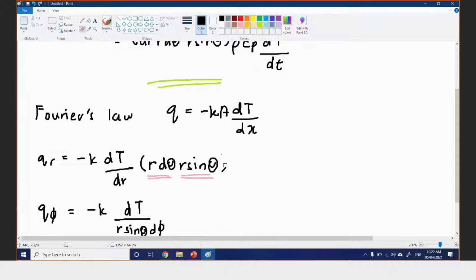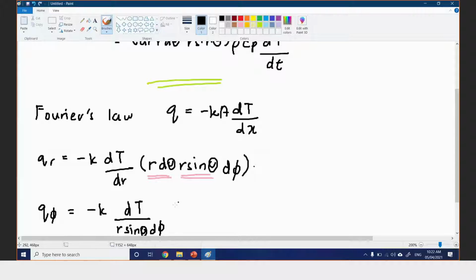Actually, I forgot the d_phi term here. If you recall the coordinates from last time, the length in the phi direction is r sine theta d_phi. That is divided by this, times the area, which is dr, r sine theta d_phi.